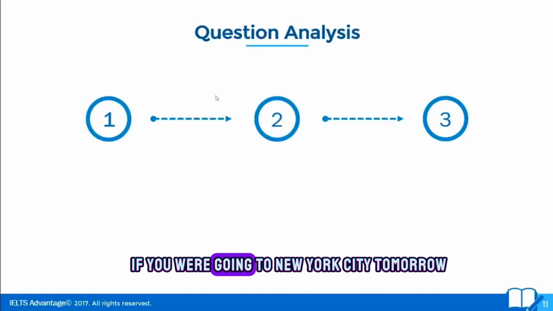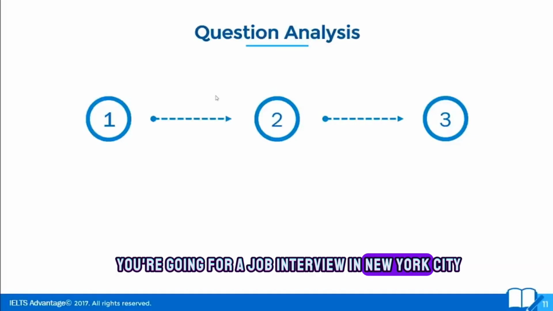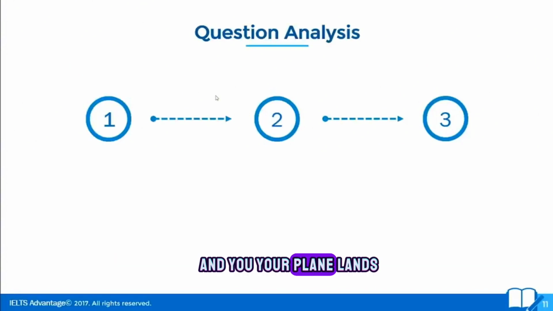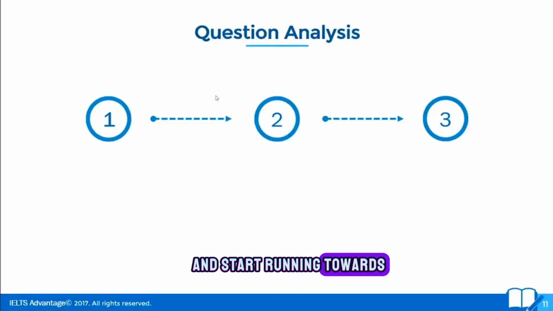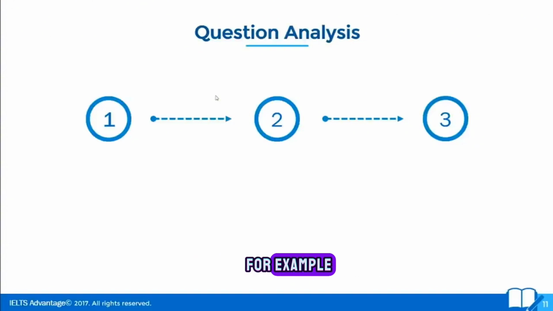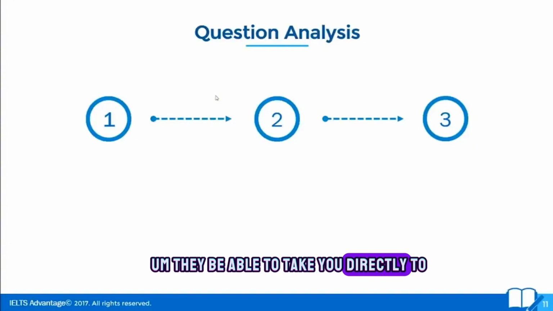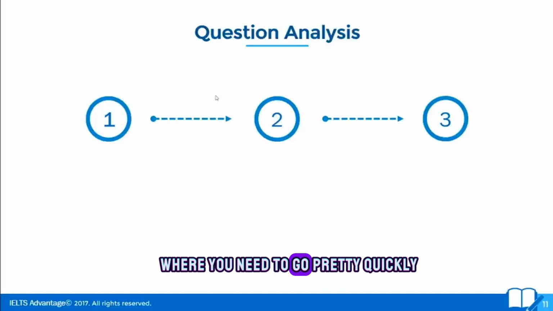Think about it this way. If you were going to New York City tomorrow, you're going for a job interview in New York City, and your plane lands, you get to the airport. Would you find your destination quicker with Google Maps or without Google Maps? Imagine if you just left the airport and started running towards New York City. Would you get lost pretty quickly? But if you had Google Maps or you had Uber, for example, they'd be able to take you directly to where you need to go pretty quickly.